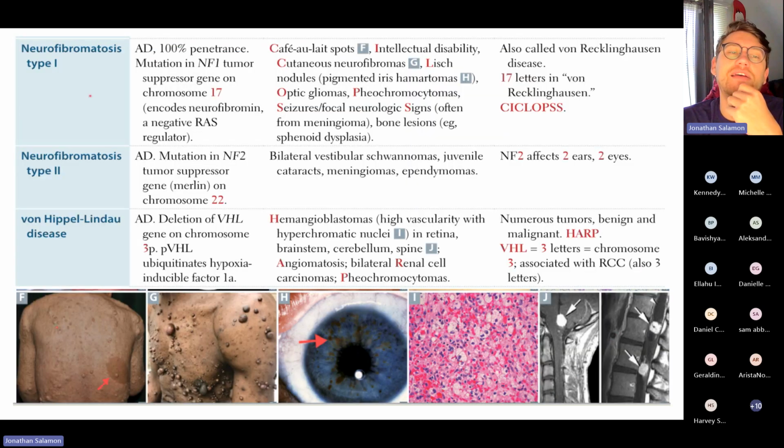Know the difference between NF1 and NF2. NF2 is on chromosome 22. NF1 is on chromosome 17. Don't really know if you need to know that this is on chromosome 17. Definitely should know that this is on 22. Definitely see questions about this. NF type 2, overwhelmingly when they ask questions about this, the person will have bilateral vestibular schwannomas.